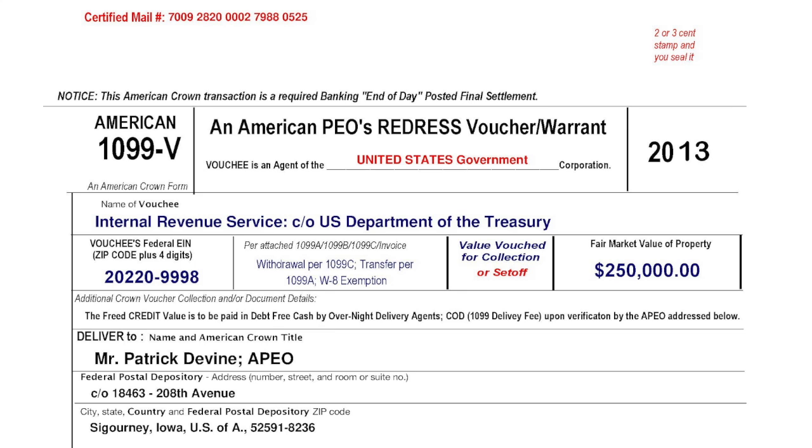You are the United States of America, the land of the United States of America. You are not the United States Corporation, the 14th Amendment citizen. You are an American citizen. An American citizen is a United States of America citizen. They shorten the phrases down, and then basically they've gotten everybody not to understand which one is which.